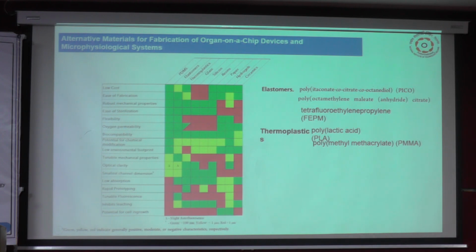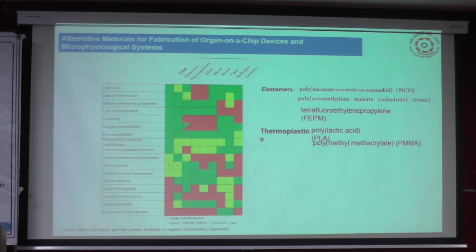You can see how many parameters there are, like low cost, fabrication, mechanical properties, flexibility, permeability, biocompatibility. There are so many parameters you have to look into for a good biomaterial. But we cannot expect all the parameters to be positive.